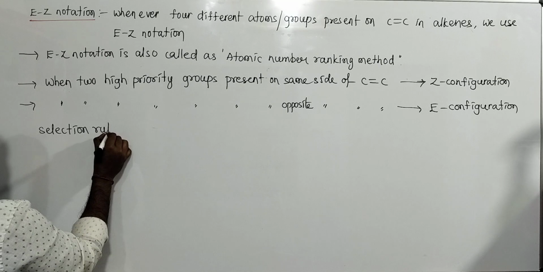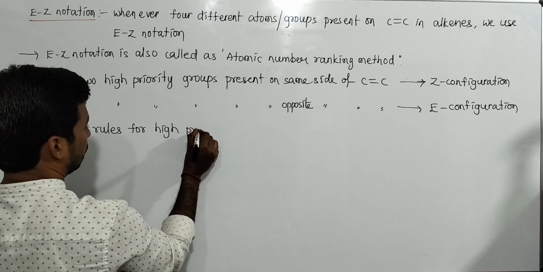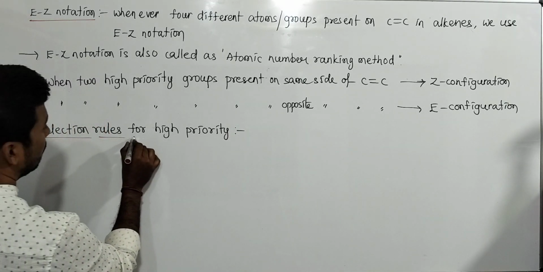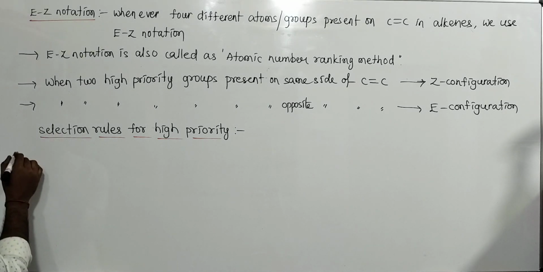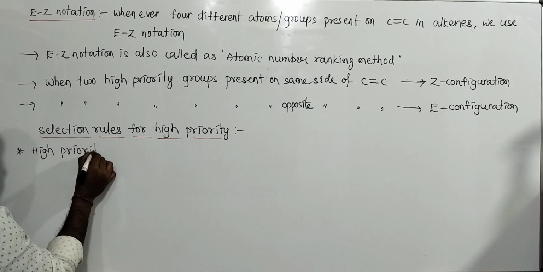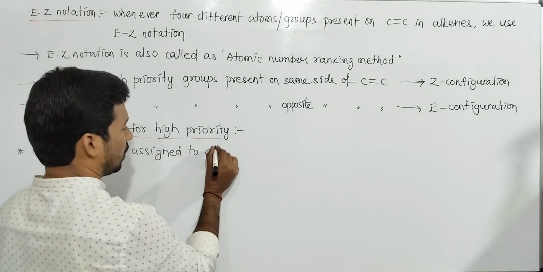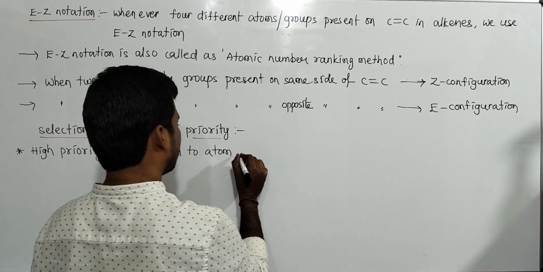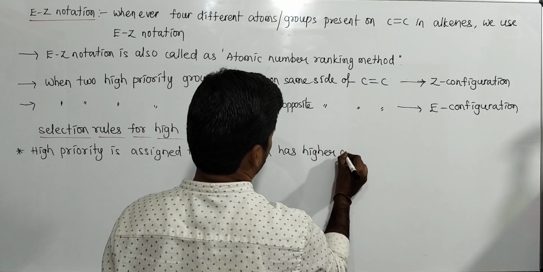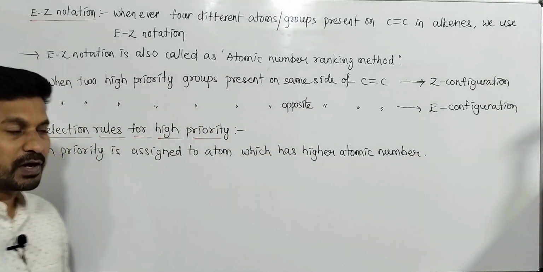Selection rule for high priority: high priority is assigned to the atom which has higher atomic number. High priority is assigned to the atom of high atomic number.